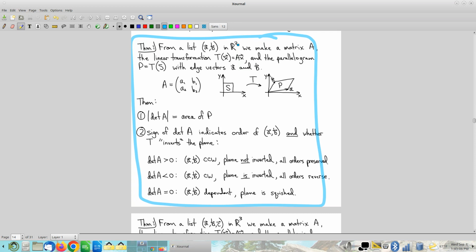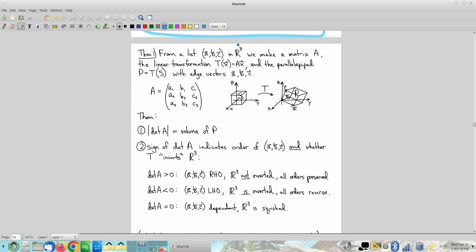It seems like a reasonable guess, right? And that would make a 3x3 matrix, and those images would give you three edge vectors, thus making a parallelepiped, as you see here, right?